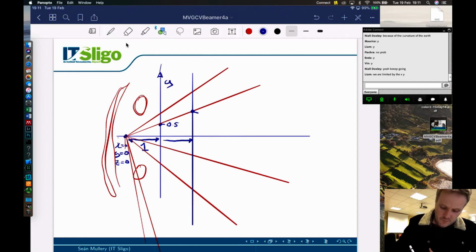So if we've gone out 2 on the z, what position will that be? This one was 0.5. Is anyone going first? Yeah, wasn't too hard. It's a value 1. The other way I could write it is that it is twice 0.5.